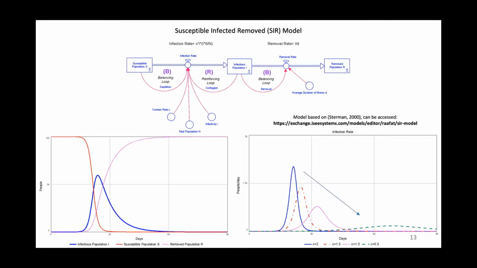Yeah, thank you for the question. The first answer is that this current model doesn't, but we can explore that further. This is also called a compartmental model, where you see distinct groups: the susceptible, infectious, and removed population. There are different versions of such models.